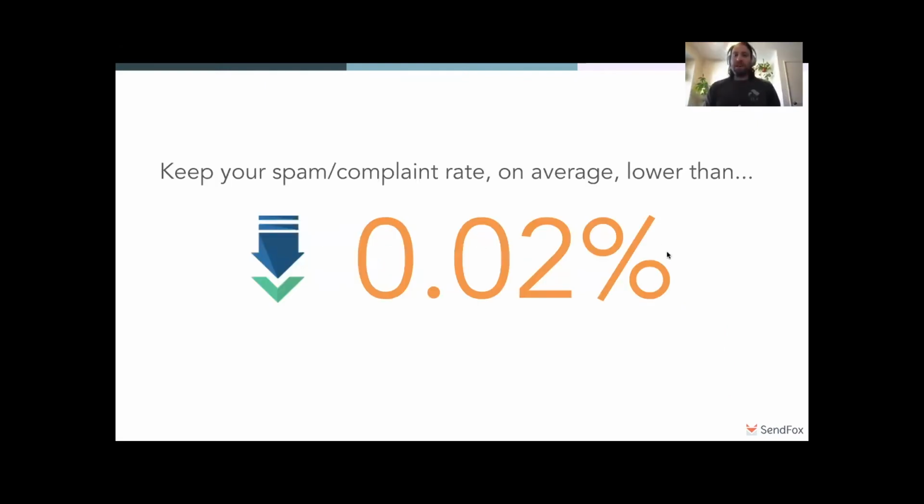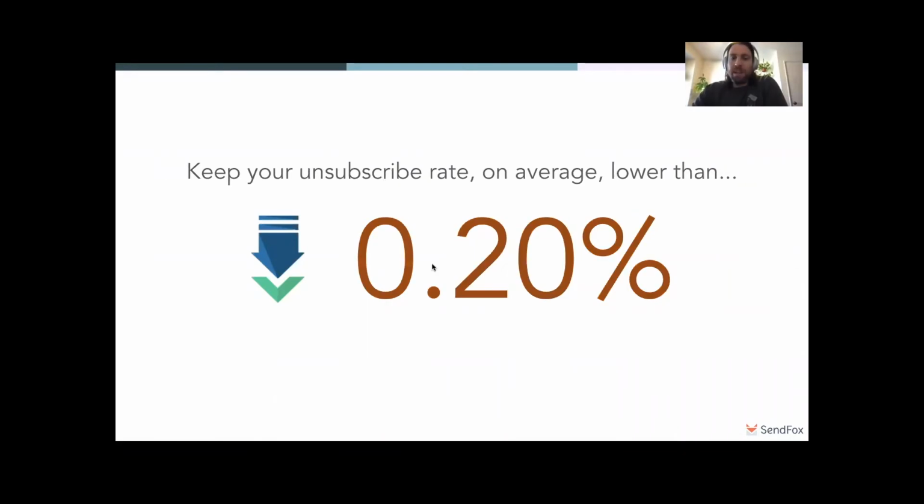So when we think about the balancing of an email marketing strategy, we have an open rate and a click rate target, but we also want to keep the spam rate lower than 0.02 per email. And then on the unsubscribe, we want to keep it about 10x higher than the spam rate, which is lower than 0.2.